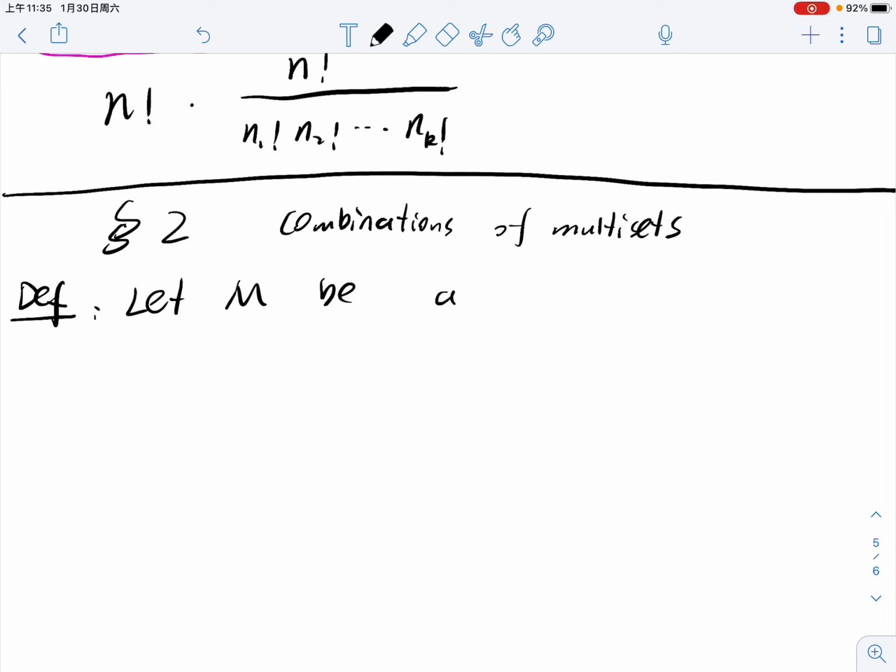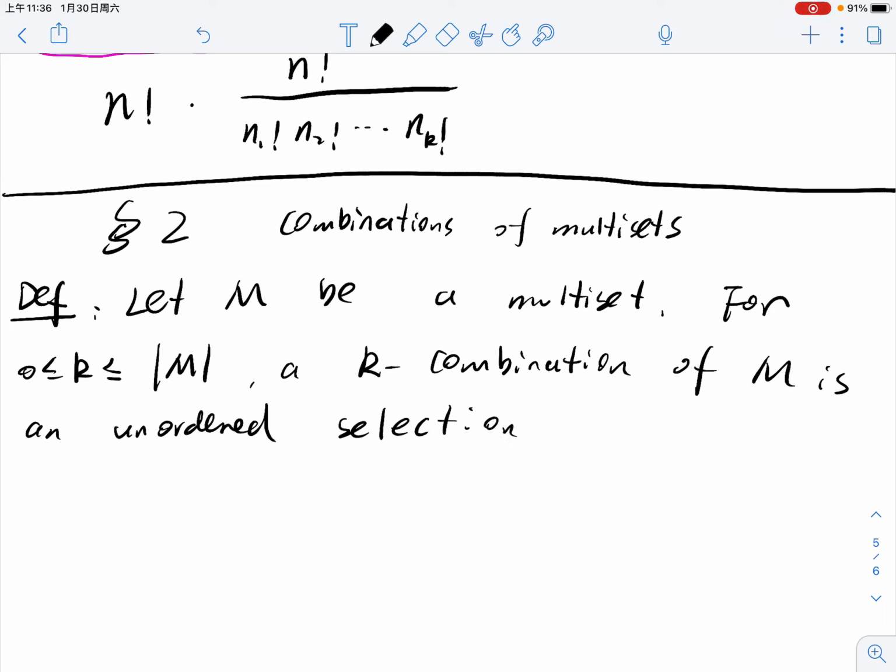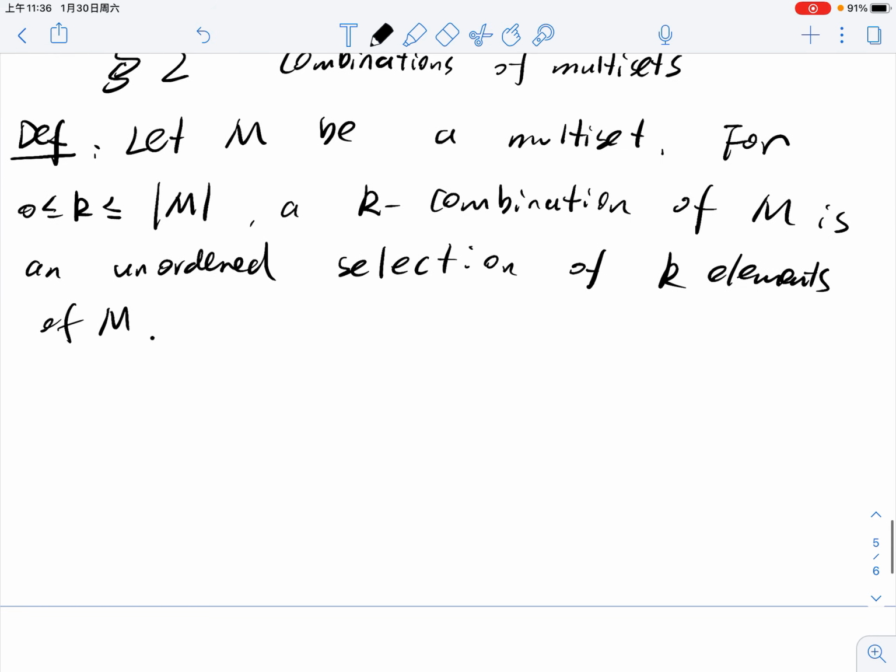Let M be a multiset, for K between 0 and the cardinality of M. A K combination of M is an unordered selection of K elements of M.